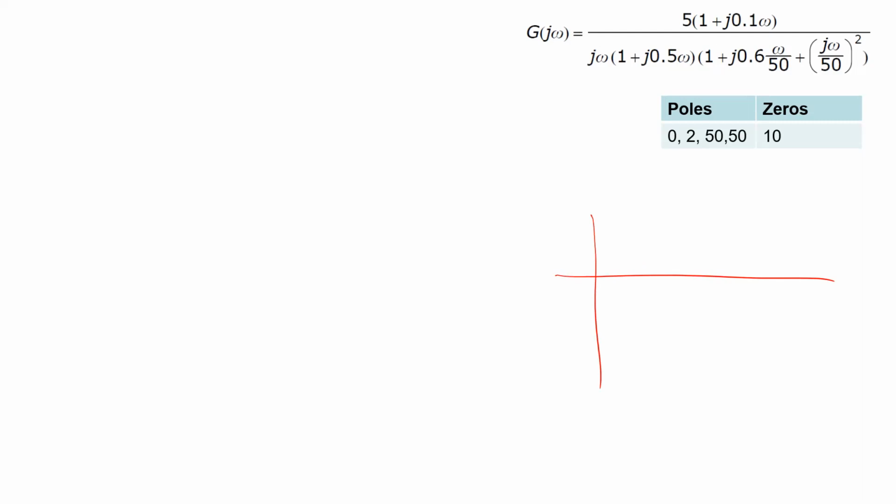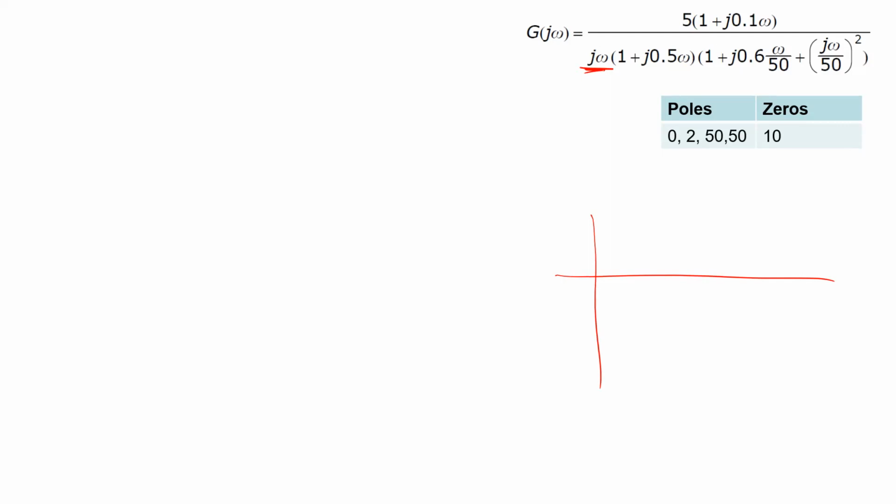I think it will be the minus slope. Minus 20. Exactly, minus 20, because this is the pole which we have. So I will start by minus 20.